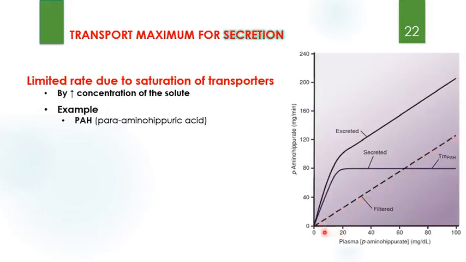For any given concentration of PAH in plasma, the excretion rate is much higher than the filtered load. It is because of the secretion of PAH that is added to the filtered load.